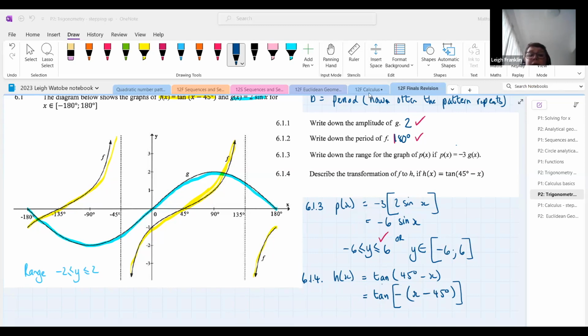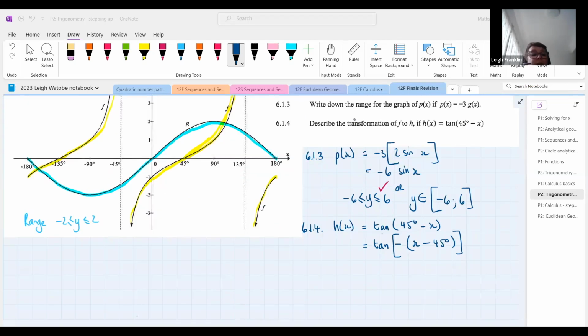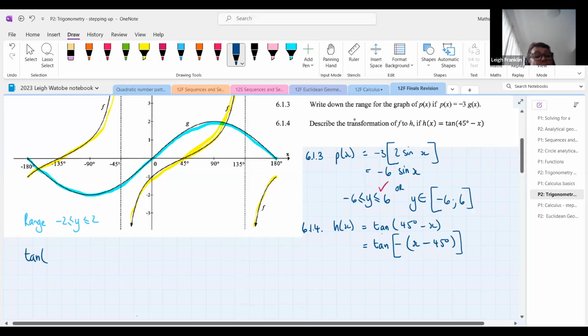All right. And now the next manipulation I'm going to make, let's just do this on the side here. If I have tan of minus x like that, what happens? Exactly. Okay, so I end up with negative tan x.